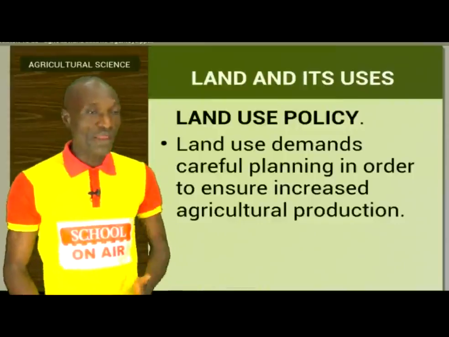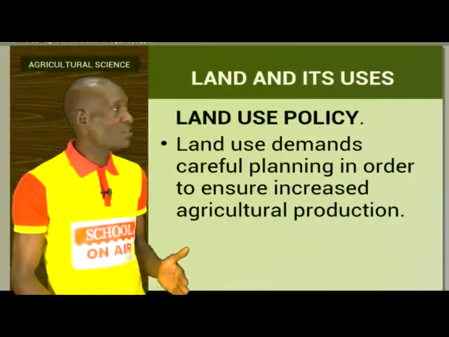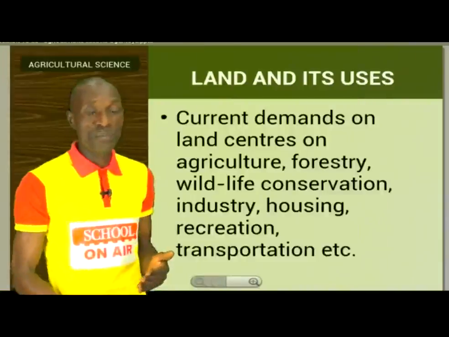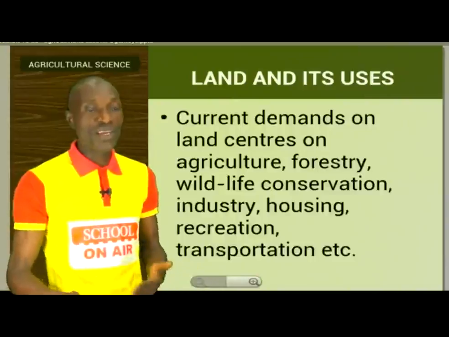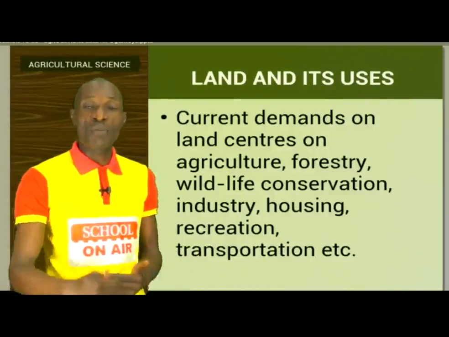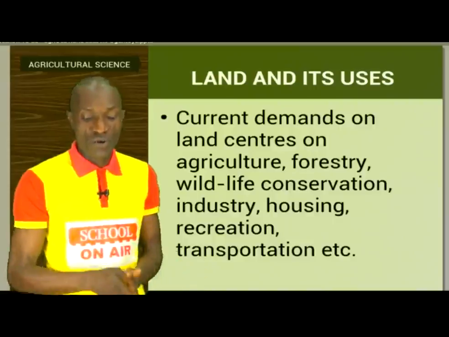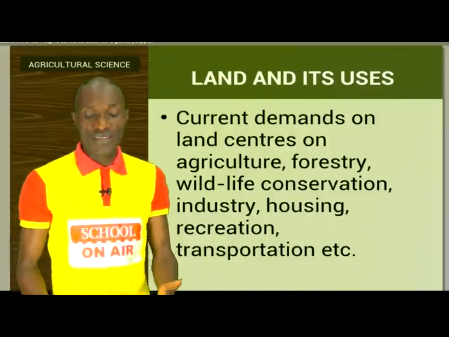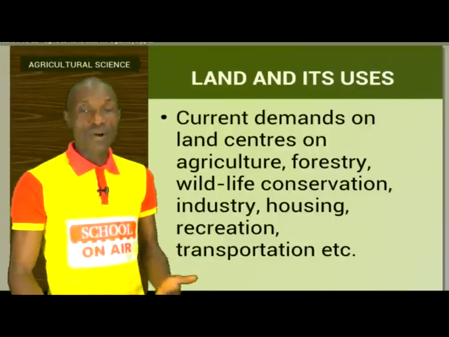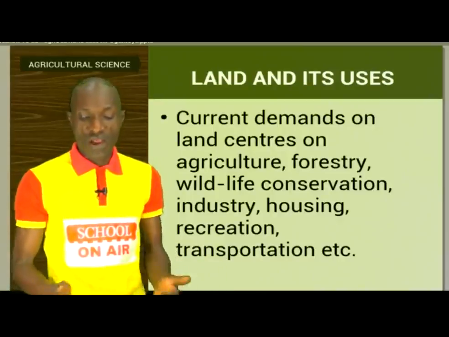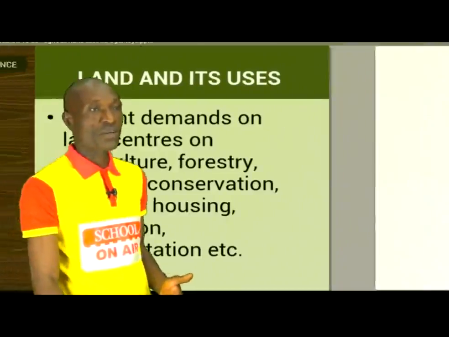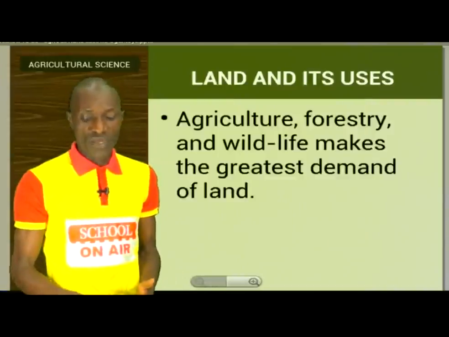But let's move ahead and talk about the land use policy also, because we referred to it. Land use requires careful planning so that you will be able to use that land properly for agricultural production. And it was said that the current demands on land center on agriculture, forestry, wildlife conservation, industry, housing, recreation, and transportation.